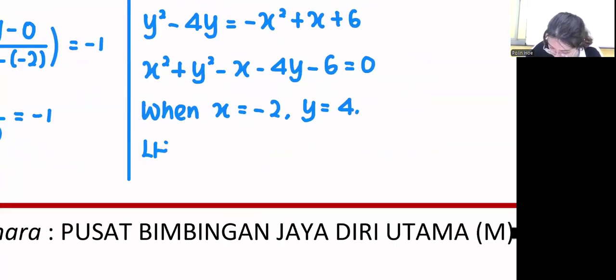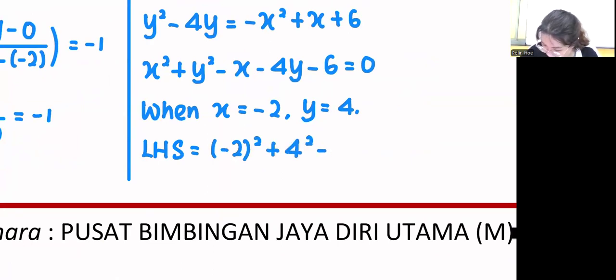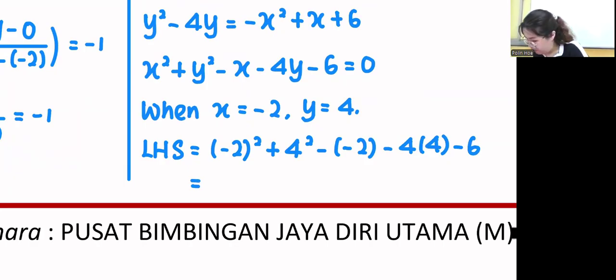Your left-hand side equals negative 2 squared plus 4 squared minus negative 2 minus 4y minus 6. You get 4 plus 16 plus 2 plus 16 minus 6.